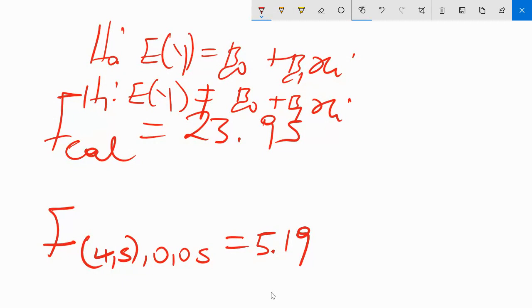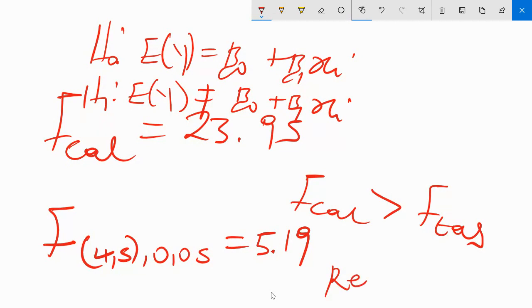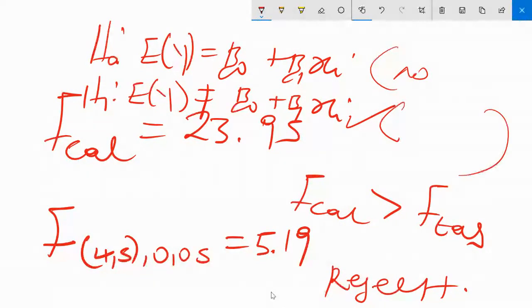So you can see that the F calculated is greater than the F tabulated. And if this is the case, we reject H0 and conclude in favor of H1, which means there is a lack of fit. So we conclude that at 5% there is a lack of fit.